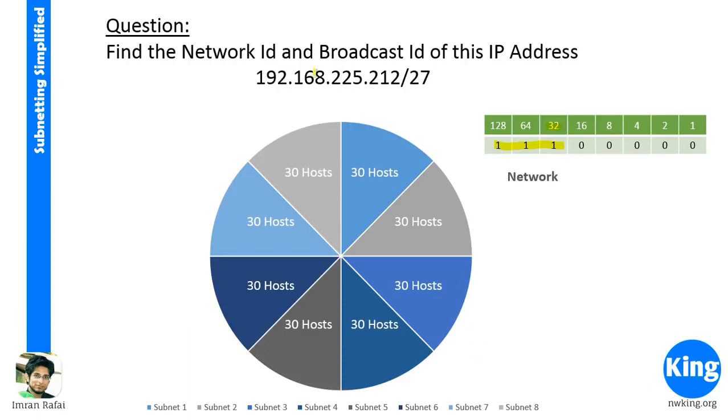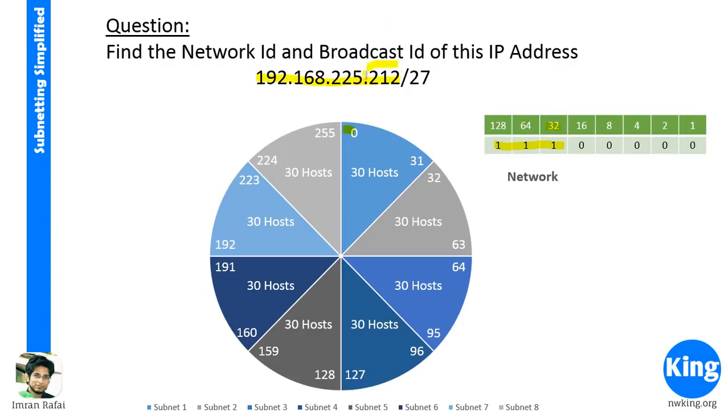We start at 192.168.225.0 as your network ID of the first subnet, and keep adding 32. So 0, 32, 64, 96, 128, 160, 192, 224. That's your network ID. How do you get the broadcast ID? 31, 63, 95, 127, 159, 191, 223. Now, where does this IP address come? 192.168.225.212.